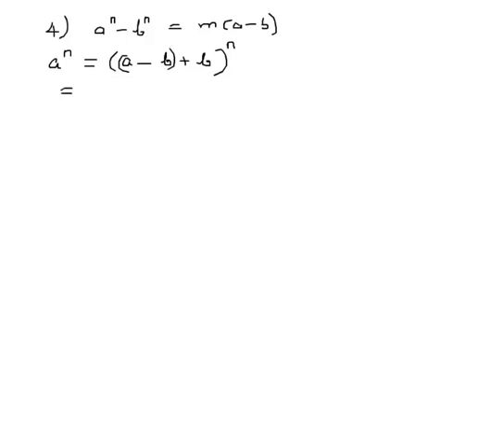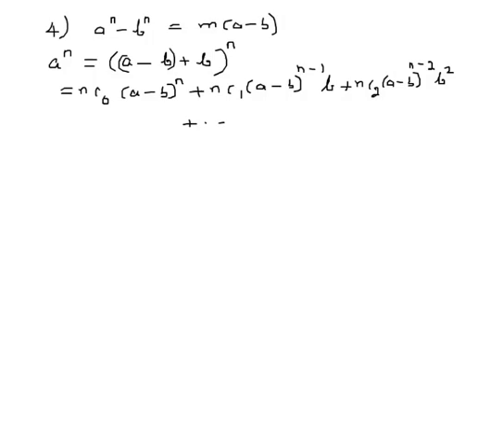We will expand using binomial expansion. It is nC0 (a minus b) whole raised to n plus nC1 (a minus b) whole raised to n minus 1 times b plus nC2 (a minus b) whole raised to n minus 2 b square plus etc. The last term will be nCn b raised to n.